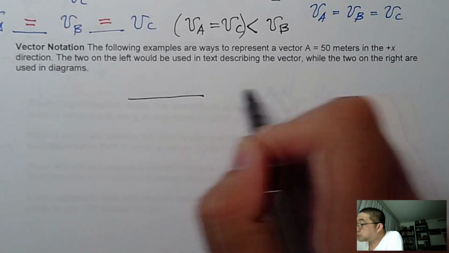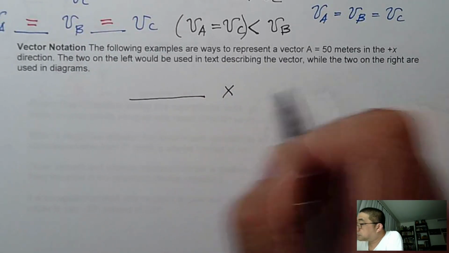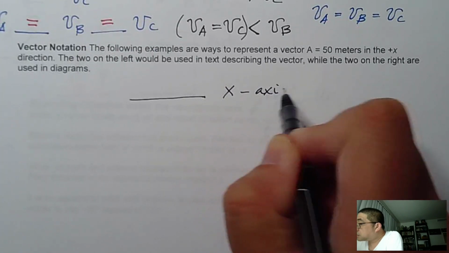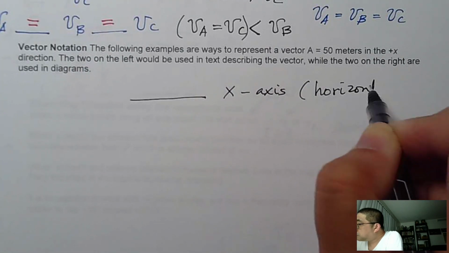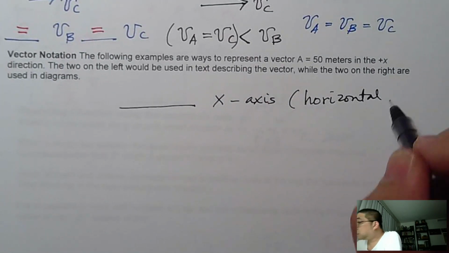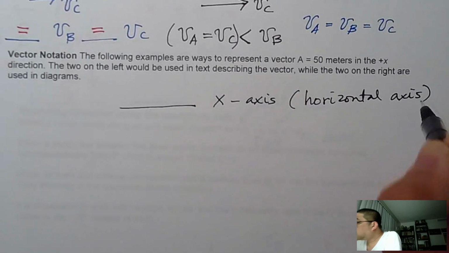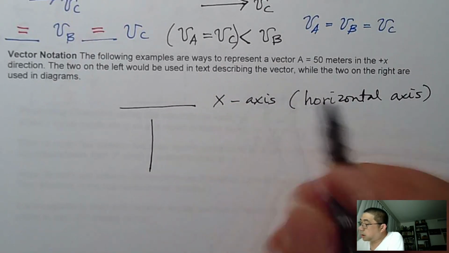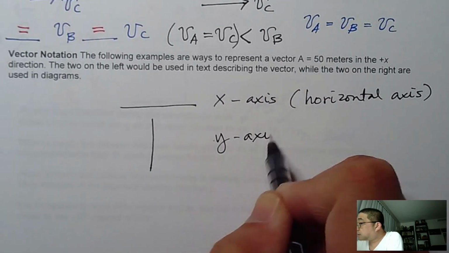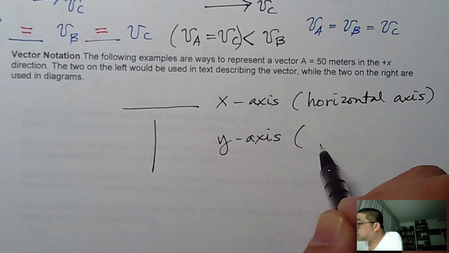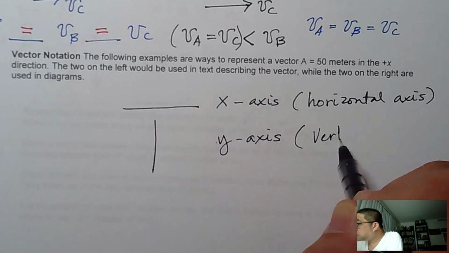So this one is your x-axis. The x-axis is also known as your horizontal axis. When it's a line that is along the y-axis, the y-axis is also known as the vertical axis.